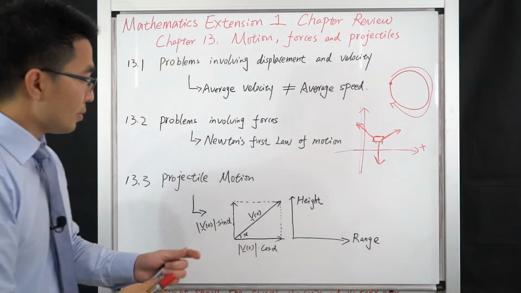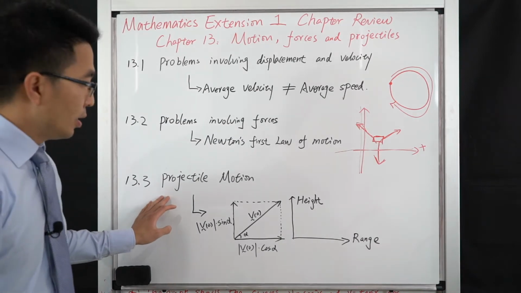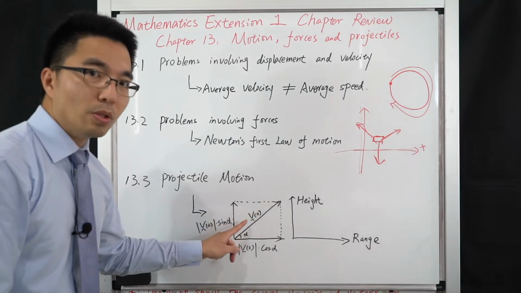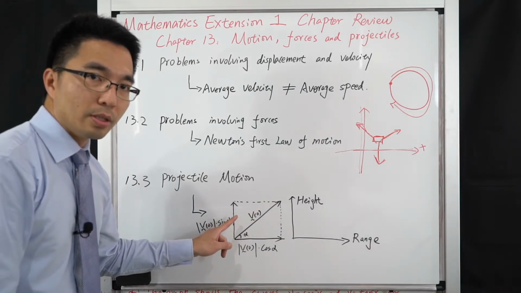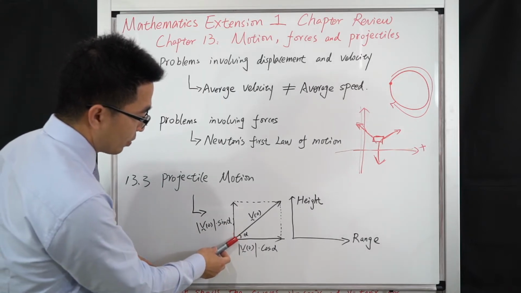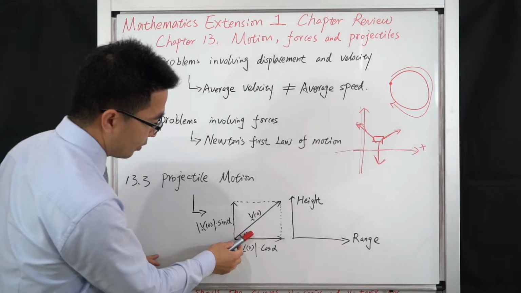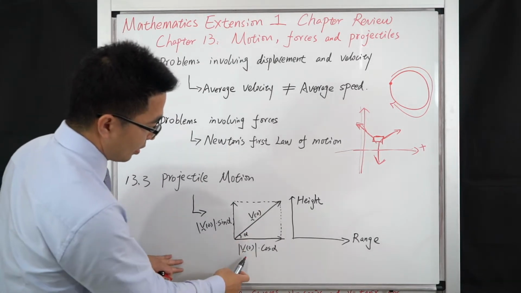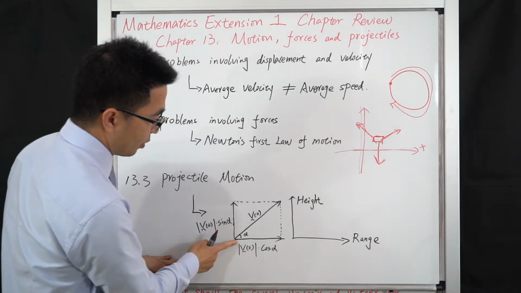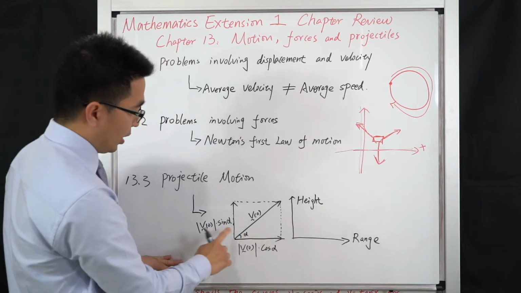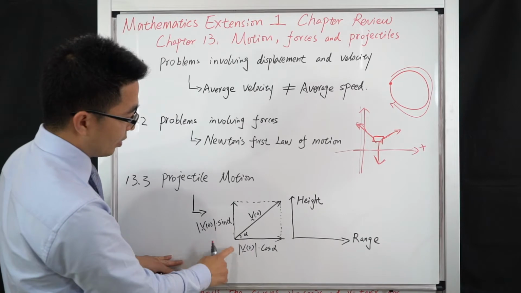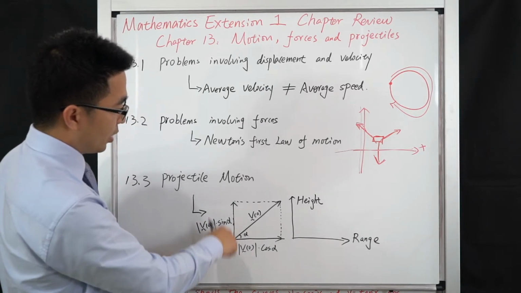Okay. The third part is about projectiles. When the object is projected out, there's only one force applying on the object, the gravitational force. If the object is projected at an angle alpha to the horizontal, then the magnitude of the initial velocity times cos alpha is the velocity on the horizontal, and the magnitude of the initial velocity times sin alpha is the velocity on the y-axis.